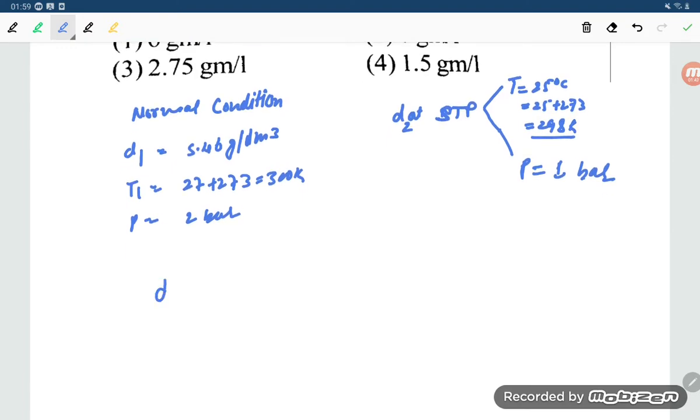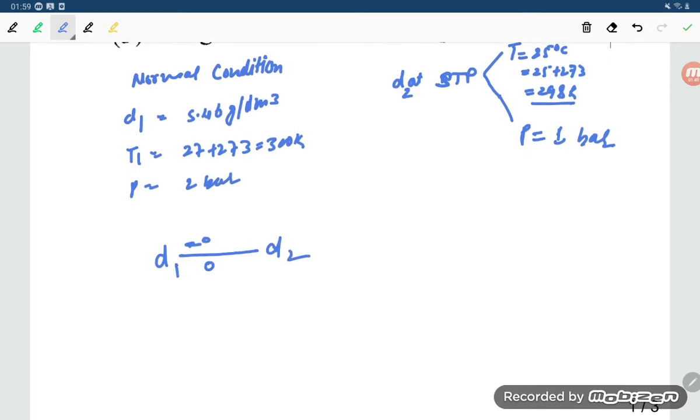So we can divide D1 divided by D2. What can we write? We know PV is equal to nRT, this formula you know.